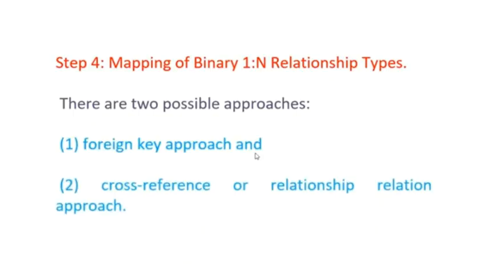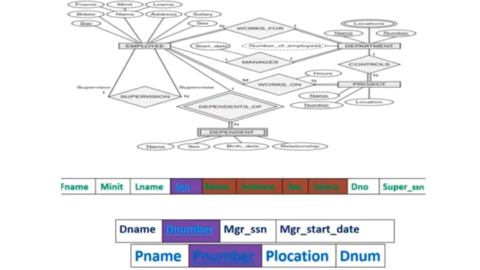In step 4, mapping of one-to-many relationships, these are all the linked relationship values. In the first table, employee, SSN already acts as the primary key, so we are adding super SSN as an additional column.